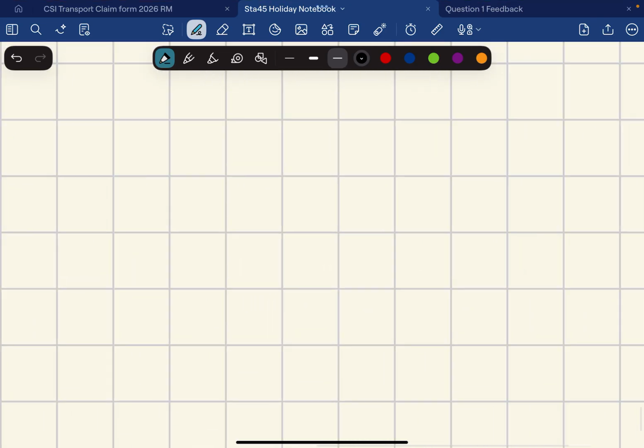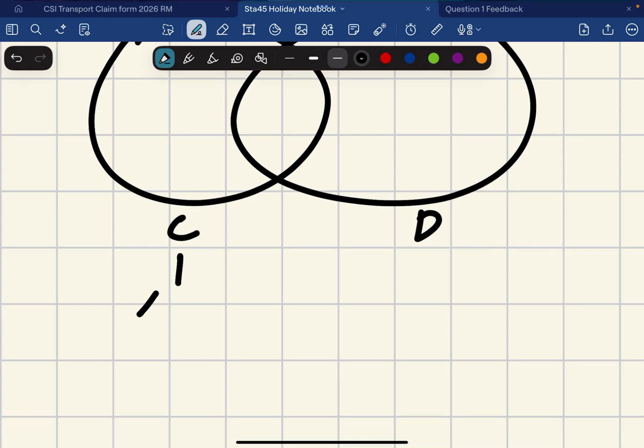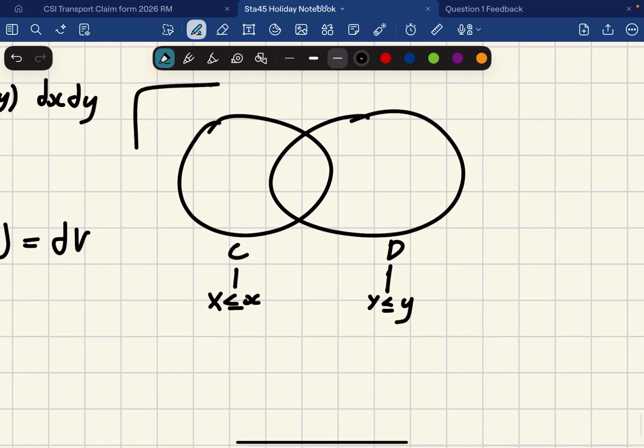If I tell you that I have two events, let's call them event C and event D. And event C is that x is less than small x, and event D is that y is smaller than small y. And remember, this is a Venn diagram, so it's the whole thing.